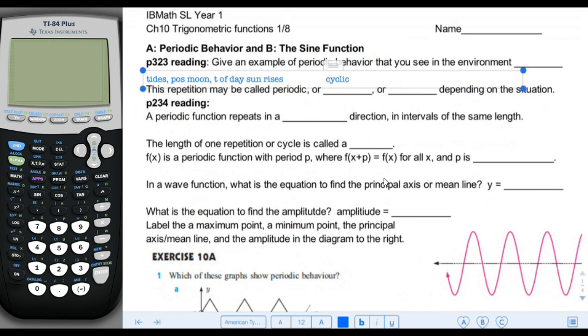A periodic function repeats in a horizontal direction in intervals of the same length.